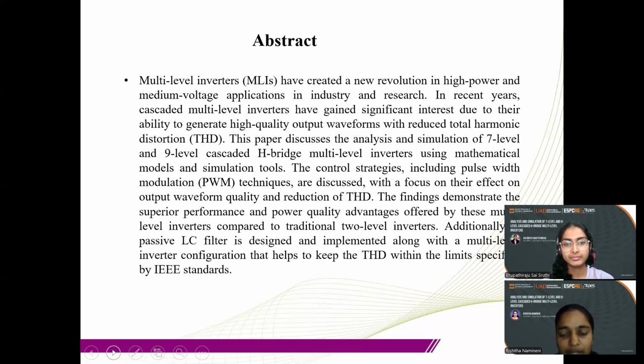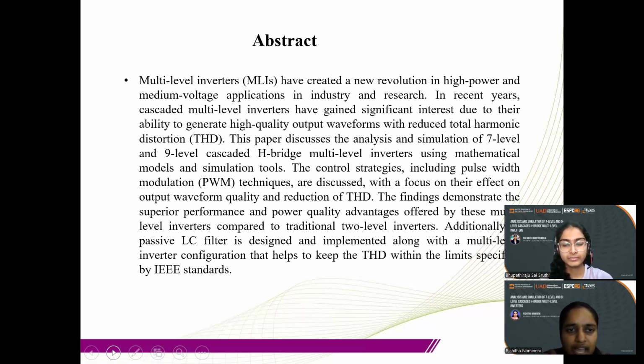In contrast, multi-level inverters overcome these limitations with remarkable efficiency. They effectively reduce harmonic distortions, enhance power quality, and offer higher voltage capabilities. As we explore the details of multi-level inverters today, you will see why they are rapidly becoming the preferred choice for modern power conversion needs.